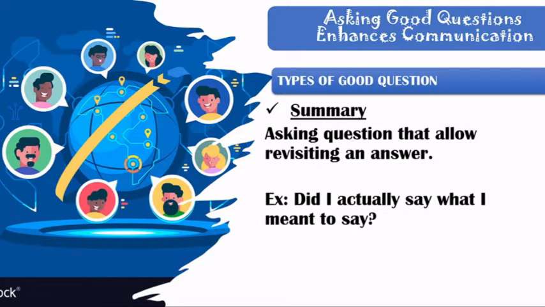What were the important takeaways that you've gotten? That's a type of summary question. You ask that question to allow revisiting an answer. Did I explain that correctly? Did you get what I mean? So these are questions that fall under summary.